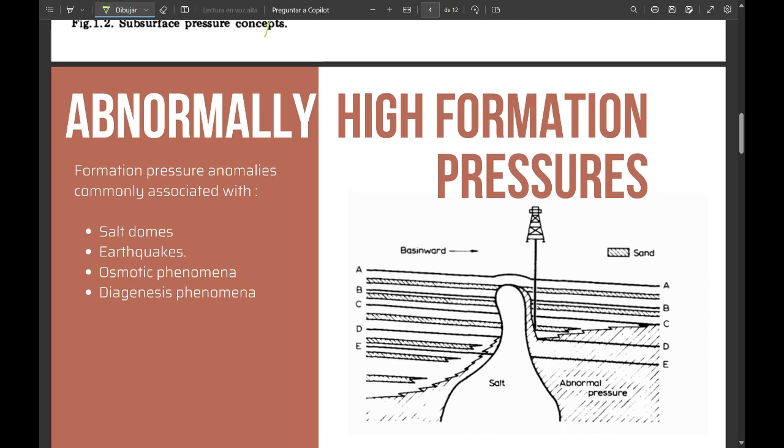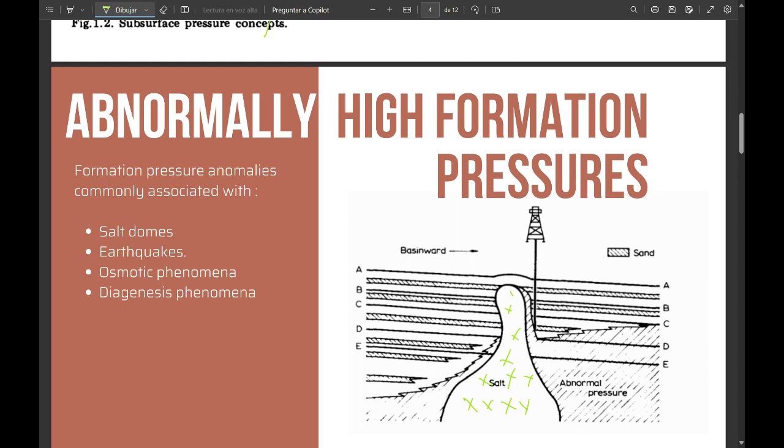Explaining more, the salt that we have in the formation has plasticity and moves upward, so the buoyant salt structures pierce through the overlying sediment of rocks. As the salt rises, it can create localized pressure abnormalities due to the compaction and the formation of the adjacent rocks.